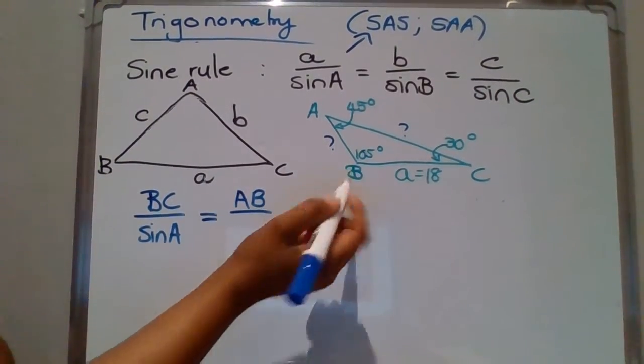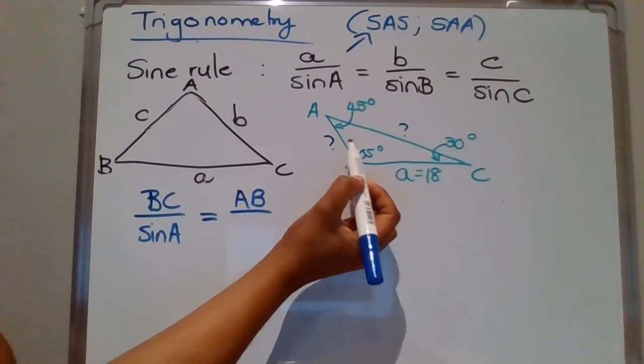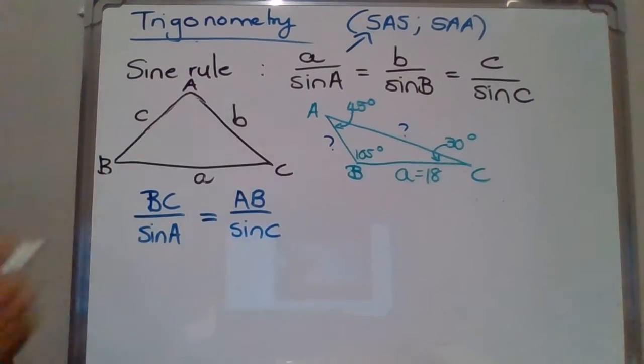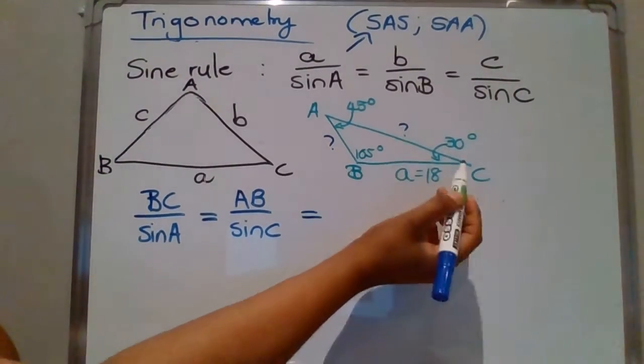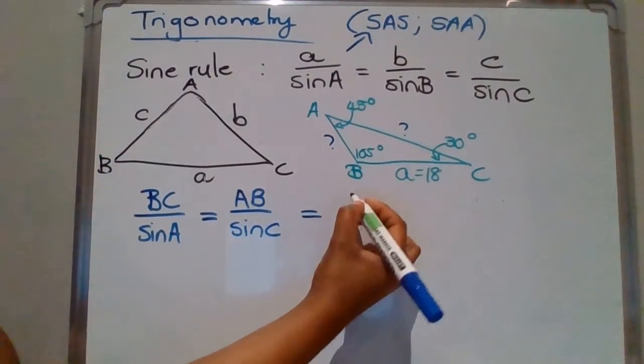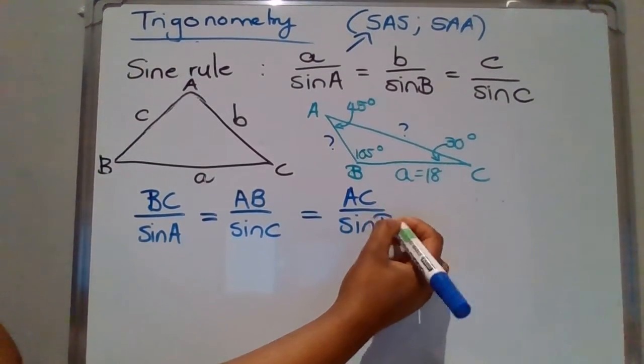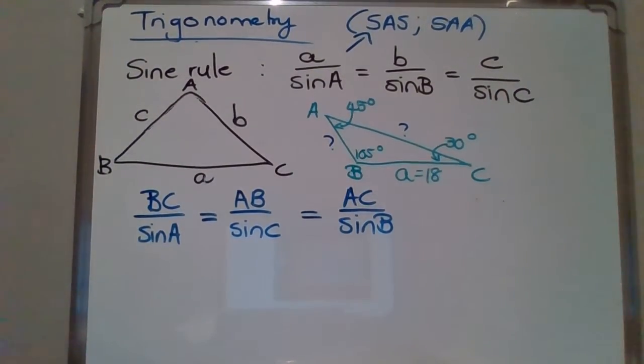What is the angle opposite that side? It's angle C, which is sine C. And also for the purposes of this, we're solving for AC with the corresponding angle. So it's AC over sine B. I'm going to take two ratios first.